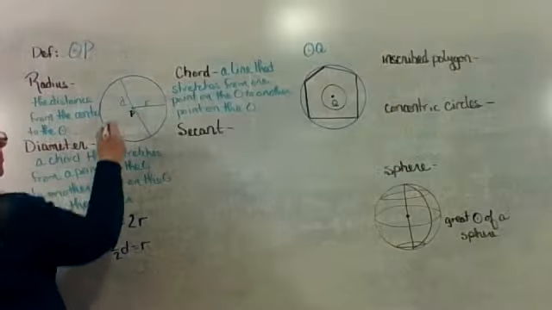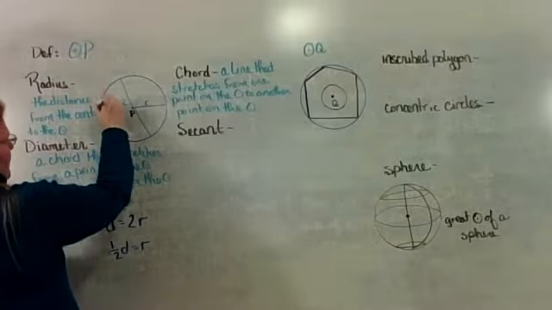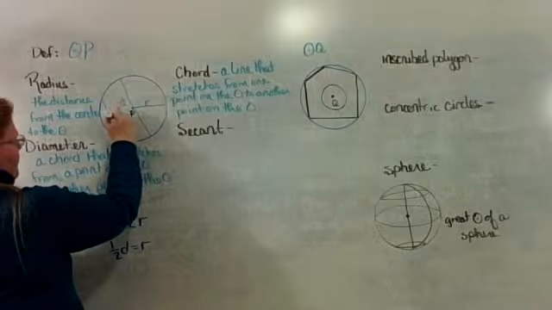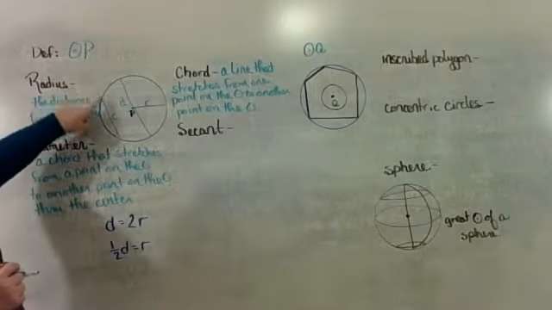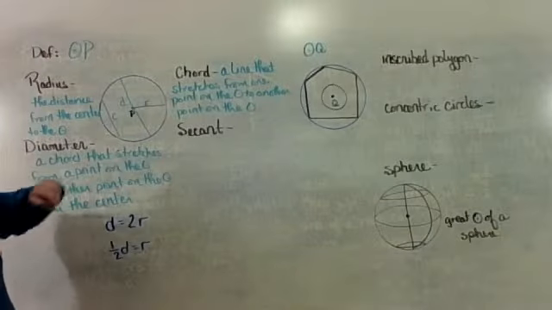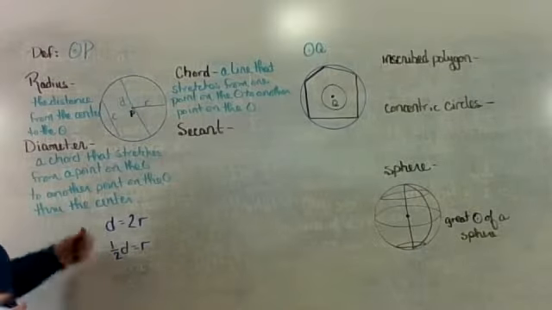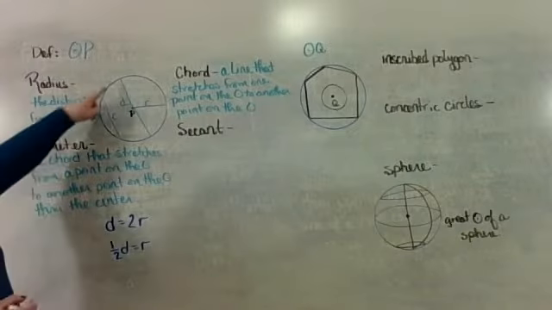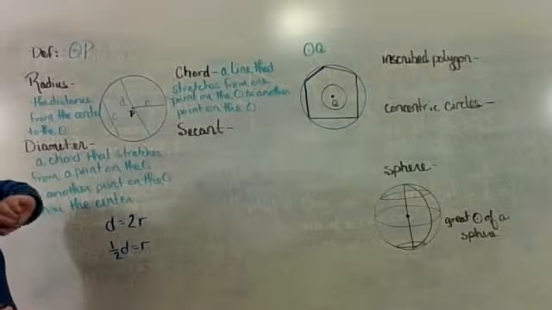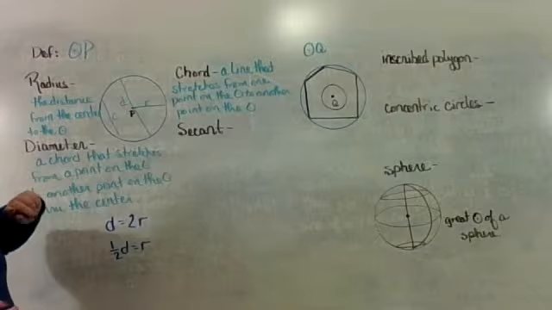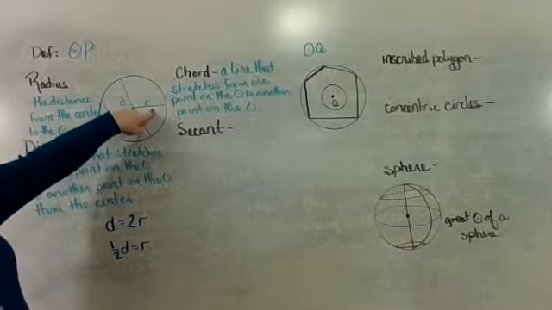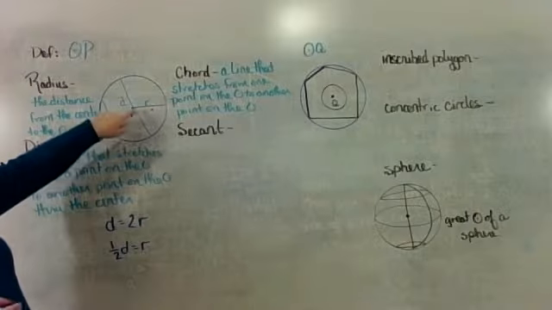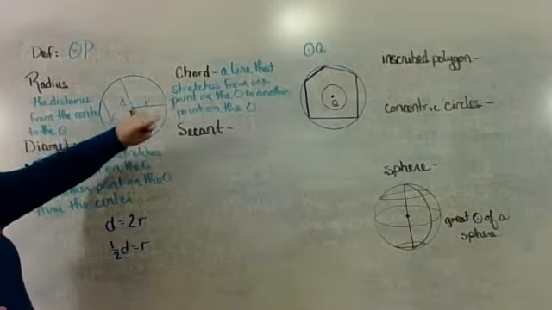So for example, here, this may be a chord, because it goes from one point of the circle to another point on the circle. A special chord would be the diameter because it goes through the center, but it still connects 2 points on the circle. This is not a chord because it does not connect 2 points on the circle. It goes from the center to a point on the circle.